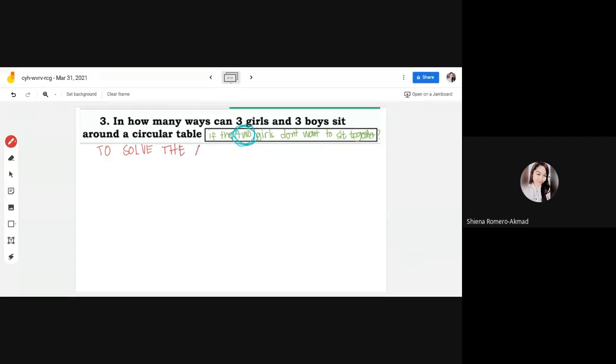the arrangement where they are together.